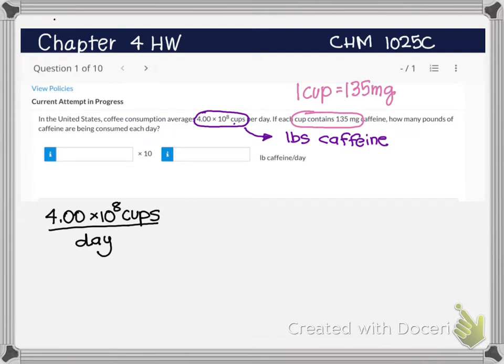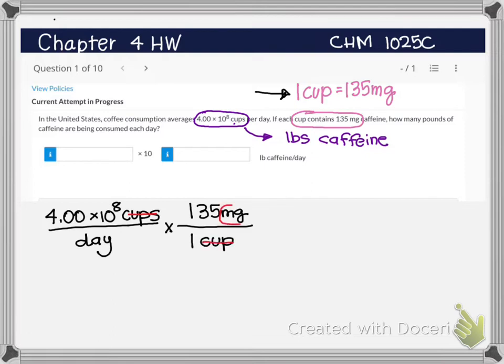So right off, I see that I can use the information they gave me to cancel out cups. So 135 milligrams of caffeine is in 1 cup of coffee. And so following our units, we see that cups are going to cancel here.